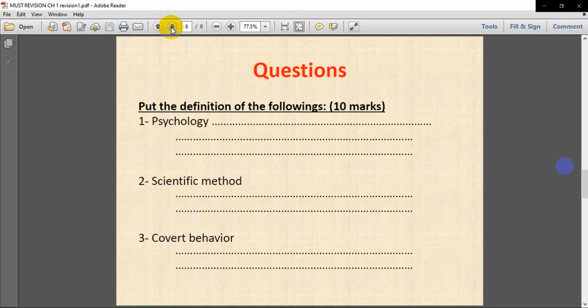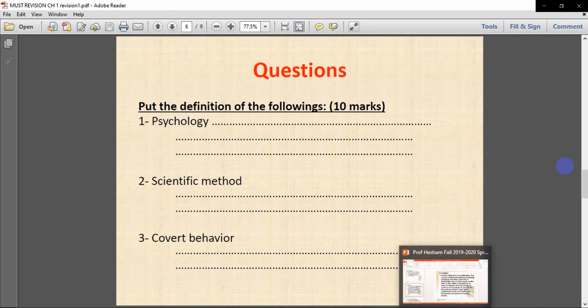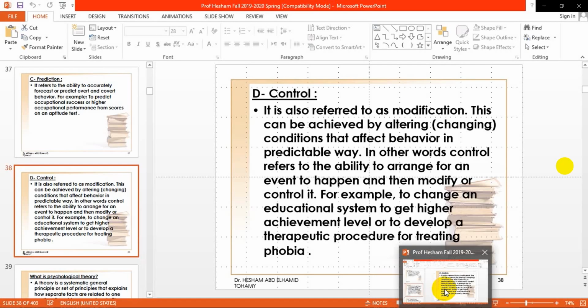Now, definitions. Who can define psychology? I checked these slides to be able to define psychology.